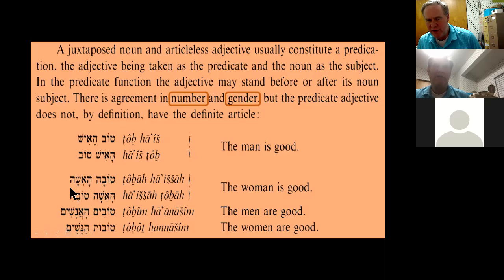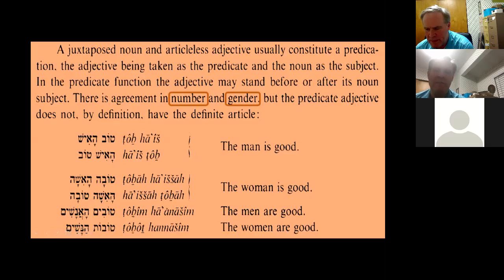So ha'isha tova or tova ha'isha is the woman is good, either way. What about plurals? Tovim ha'anashim, this would be the men are good. Or tovot hanashim, the women are good.